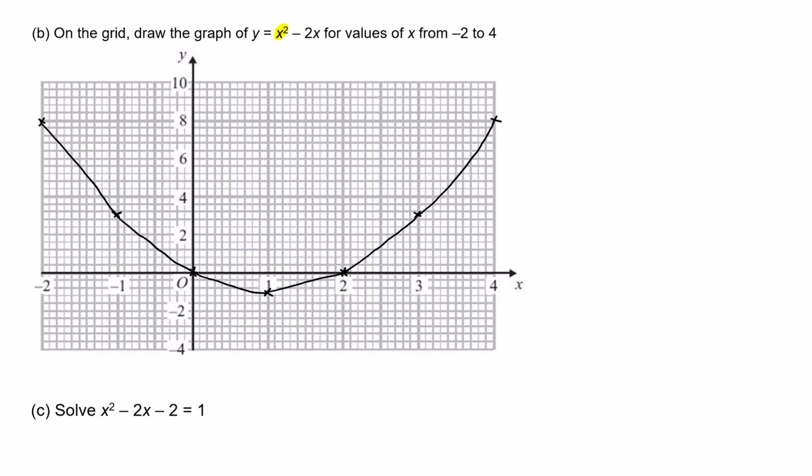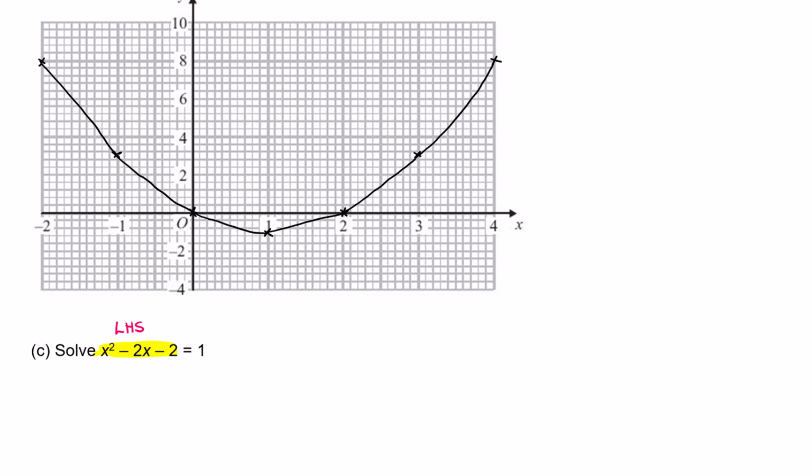And then we come and look at the final question, which says solve x squared minus 2x minus 2 equals 1. Now have a good look at the graph that you've plotted, and have a good look at the left-hand side of the equation. They're not the same. So what you need to do is ensure that the left-hand side is exactly the same as the left-hand side of the graph that is plotted.